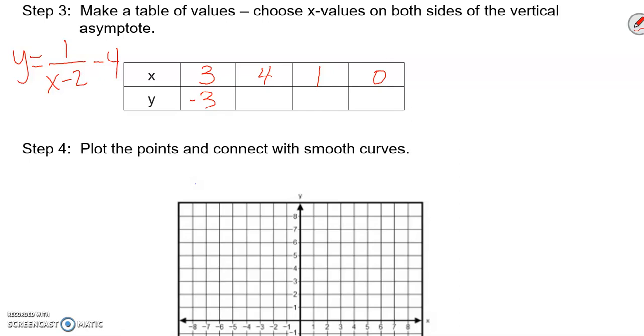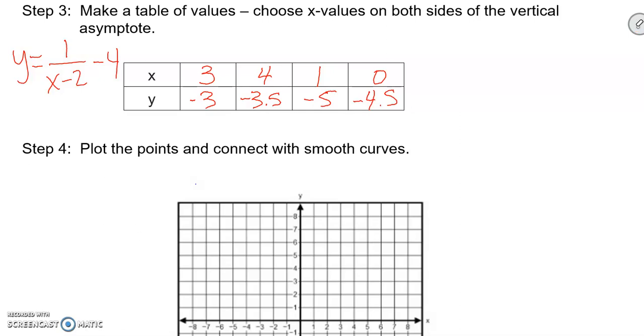Then we have 1 over 4 minus 2, so 1/2 minus 4 is -3.5. Then when we put 1 in there, we have 1 over 1 minus 2. So that's -1 minus 4 is -5. And 1 over 0 minus 2, so 1 over -2, which is -1/2, minus 4 is -4.5. So those are the values that I chose.